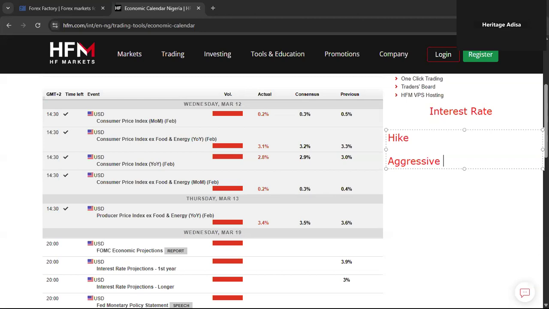Even individuals might not be able to get access to credit facilities easily because of the increase in interest rates. So it's assumed aggressive. And for that reason, this mops up excess money in circulation, which means the demand for money is naturally going to be higher than the supply of money. And this means that when a central bank decides to hike interest rates, it strengthens the currency. The currency becomes strong.